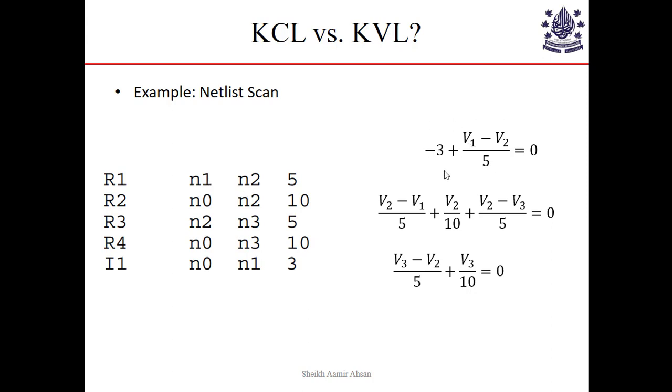Now note, this equation is for node N1. But since this statement also has node N2, it will also write another equation, but not this full equation. It will only write this thing, V2 minus V1 by 5 is equal to 0, as long as it only sees this first statement.